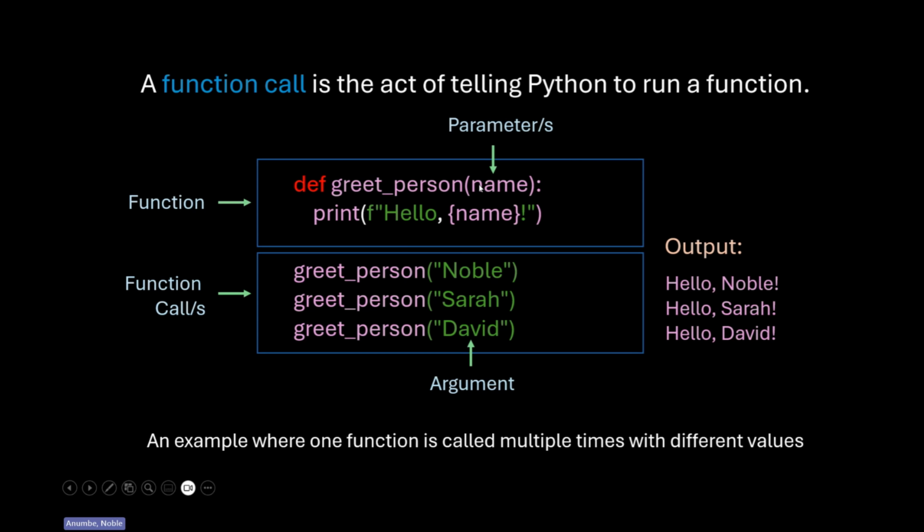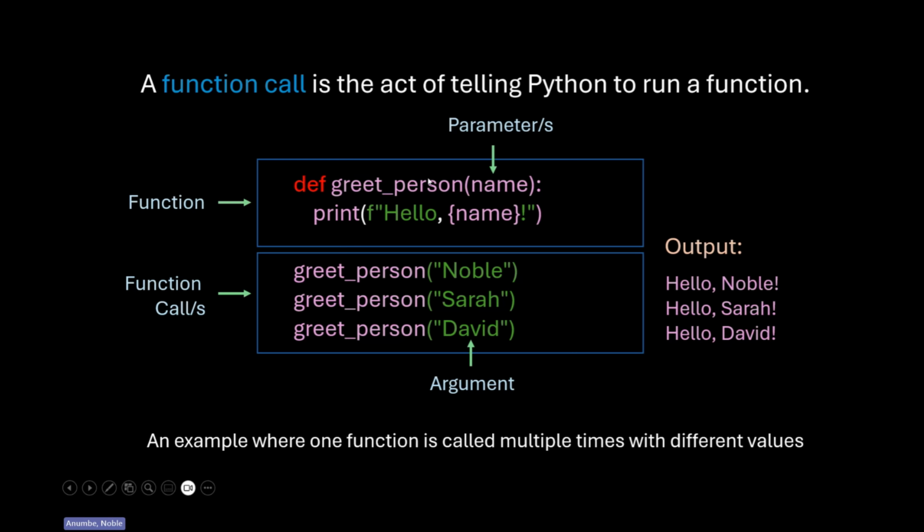So the point is, if I want to call this function, how do I call it? The only thing you need to do to call a function is just use the name of the function. Like in print, print is the name of the function. In this particular function, greet underscore person is the name of the function.